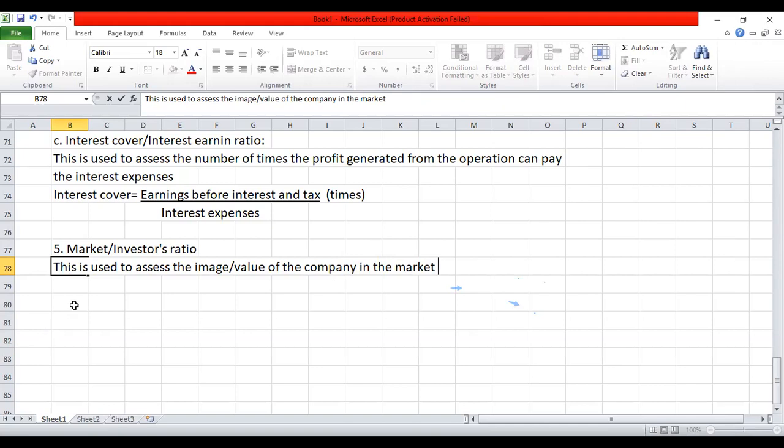So the key ratios that we use, number 1, we have the earnings per share.